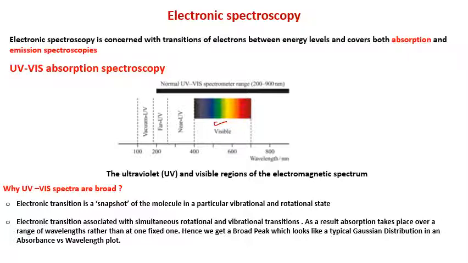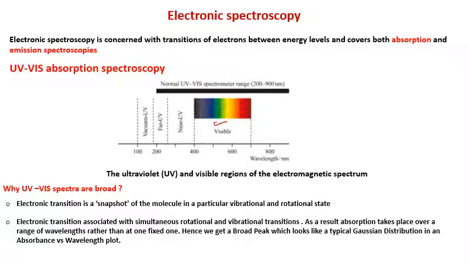Generally what happens is that the electron from HOMO, that is highest occupied molecular orbital, is transferred to LUMO, that is lowest unoccupied molecular orbital, and this HOMO-LUMO separation gap is such that absorption spectra are usually observed in the UV or visible region of the electromagnetic spectrum.